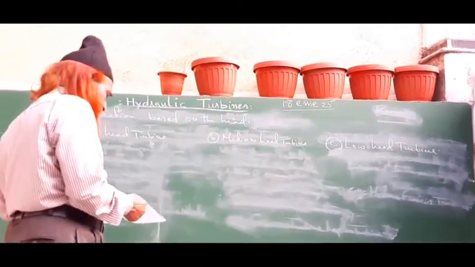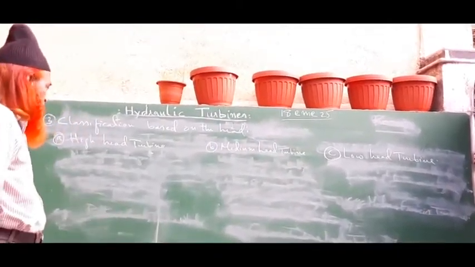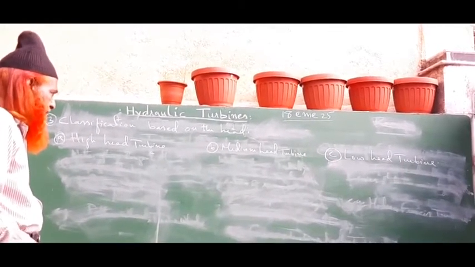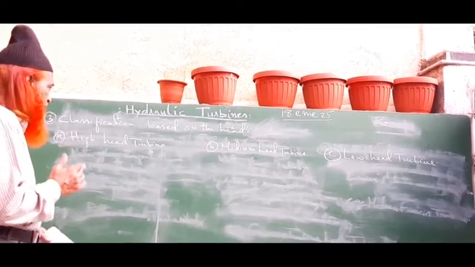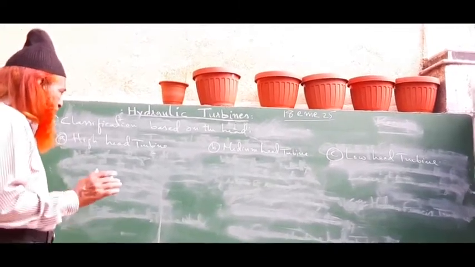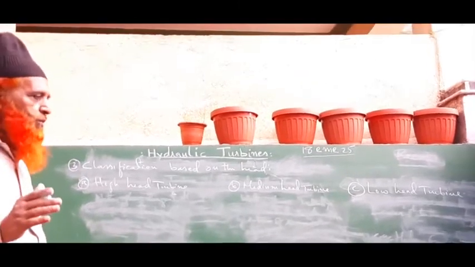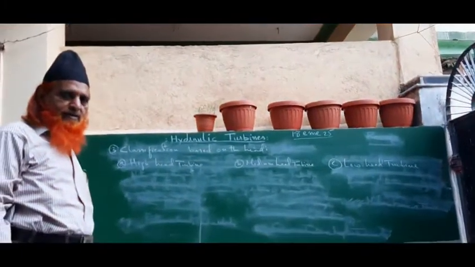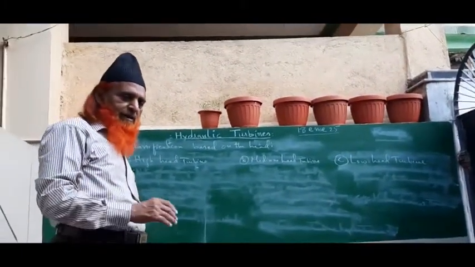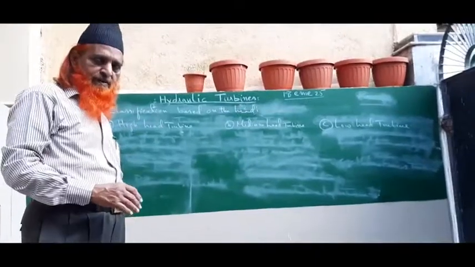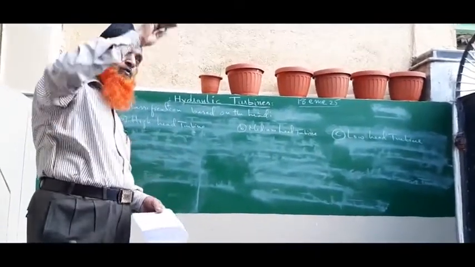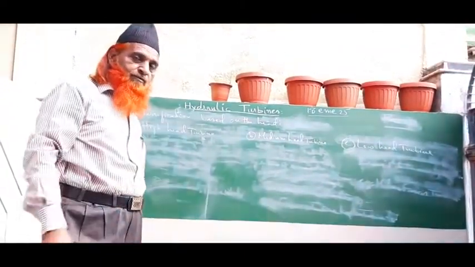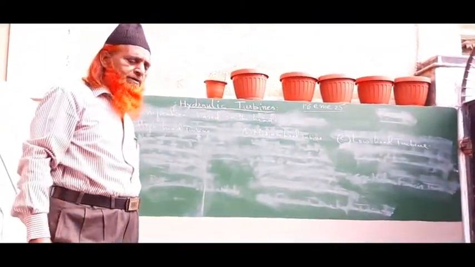High head, medium head, and low head. What is that criteria? If we have the head of a dam, which gives us the level, the total head, if we see from tail race level to the head of the dam, where from we are getting that water, this head, if we count the total head, you can take on.